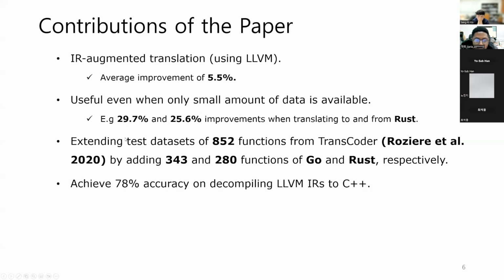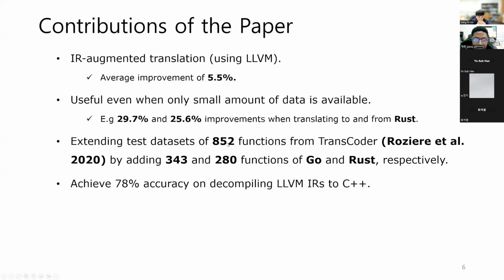Also, they extended the test set of the baseline TransCoder model. The authors prepared 852 test set functions. These functions are extracted from the GeeksforGeeks code documentation website.